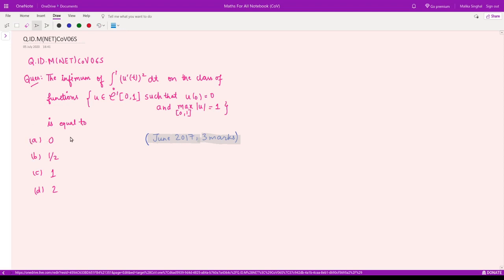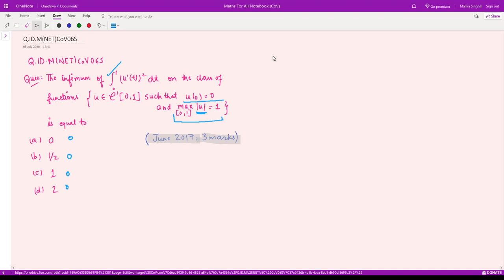So we need to suggest which among these is the infimum of the given functional with the given conditions: u at 0 is equal to 0, and the maximum value of the modulus of u is equal to 1. So let us get started.